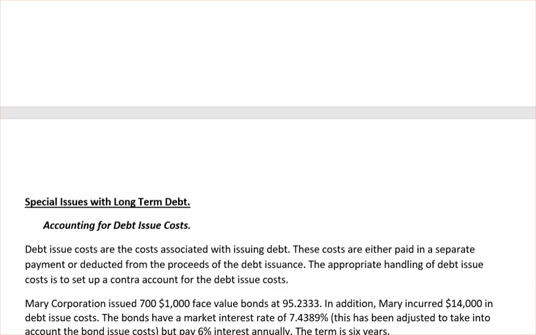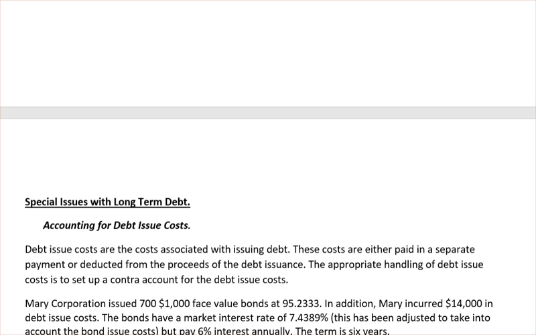And so that means that 0.95233 times 1,000 times 700 is going to get you the value of those bonds. This is a discount. And when you incur $14,000 in debt issue cost, this causes any discount that you have to increase.